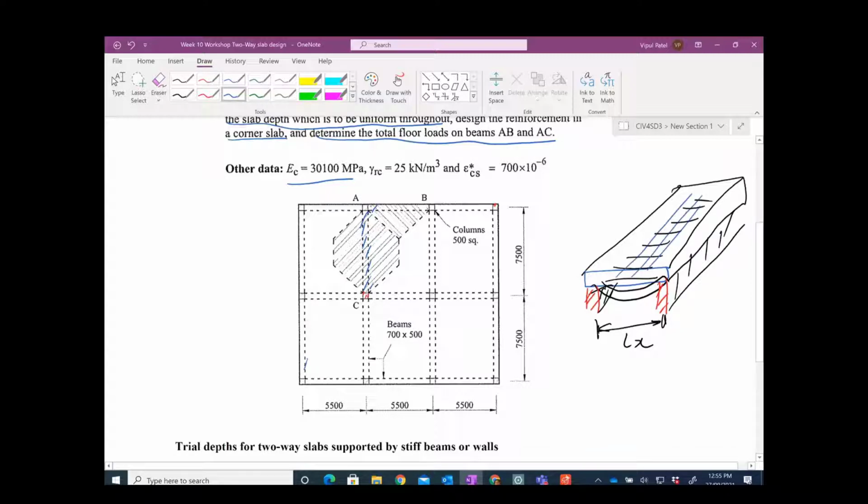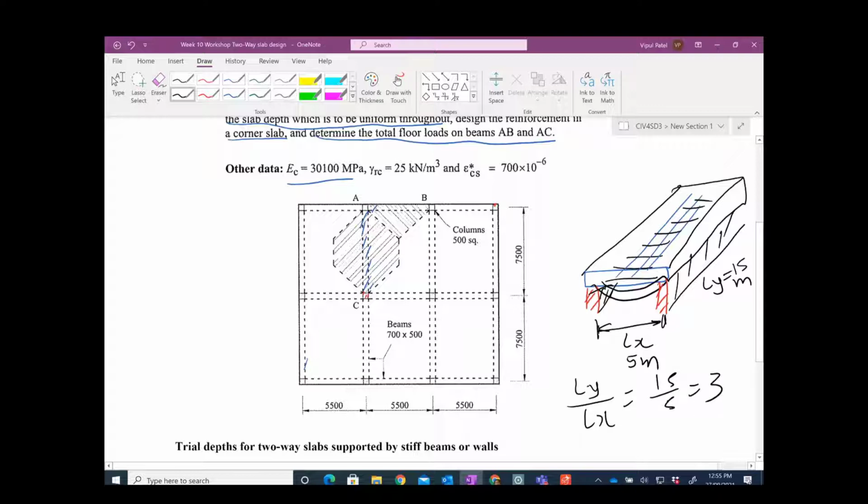So this is typical, Lx over Ly. Generally speaking, if this is let's say 5 meters, then you will have more than 5 meters along this way. So Ly is the longer span, let's say 15 meters. So Ly on Lx is 15 on 5, which is 3.